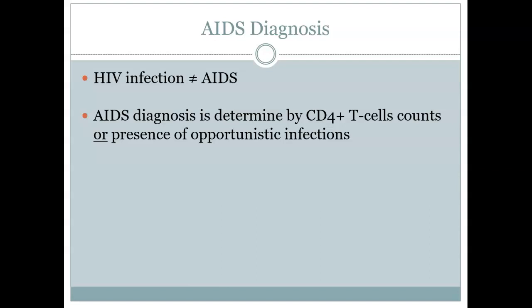Usually, a patient who develops AIDS, an example of an opportunistic infection might be thrush in the mouth, or some infection where the bacteria is just looking for a host to infect.